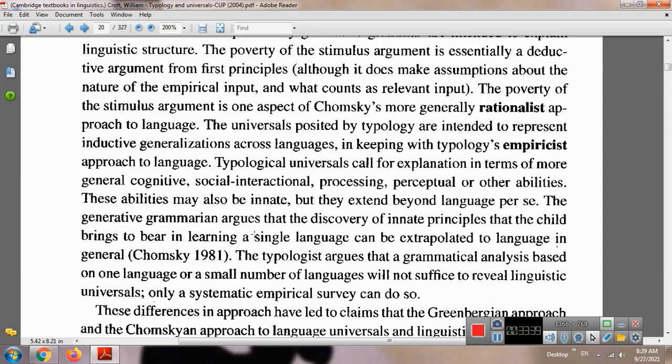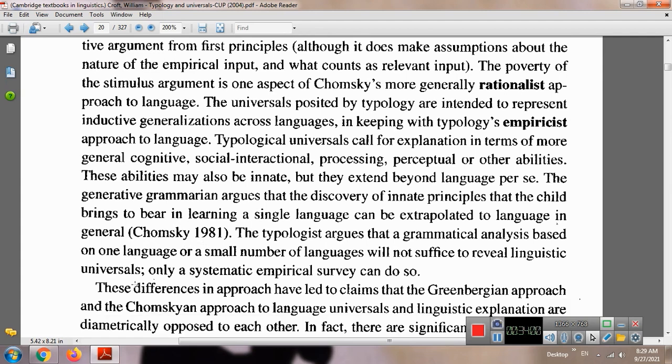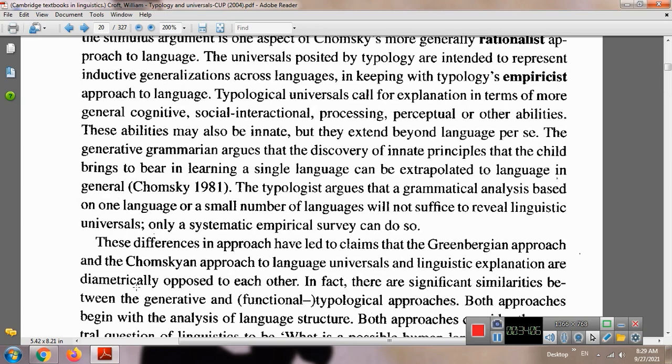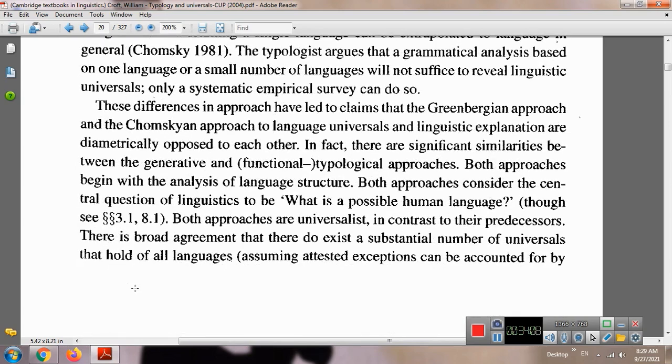The generative grammarian argues that the discovery of innate principles that the child brings to bear in learning a single language can be extrapolated to language in general. The typologist argues that grammatical analysis based on one language or a small number of languages will not suffice to reveal linguistic universals unless a systematic empirical survey can do so.